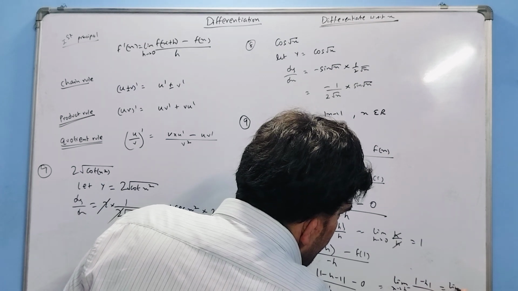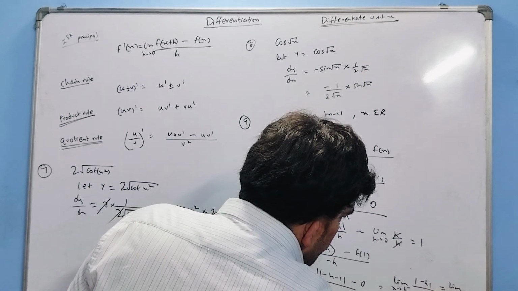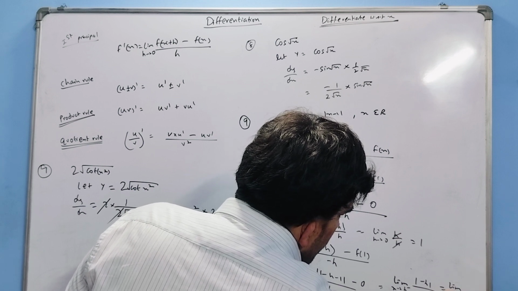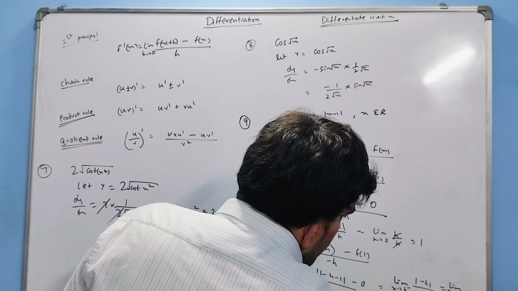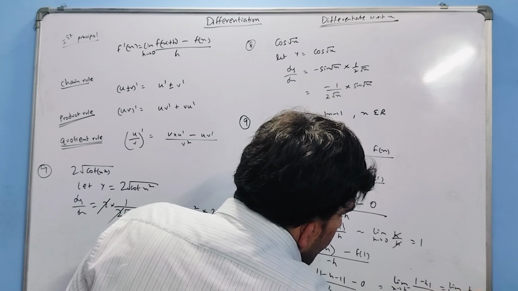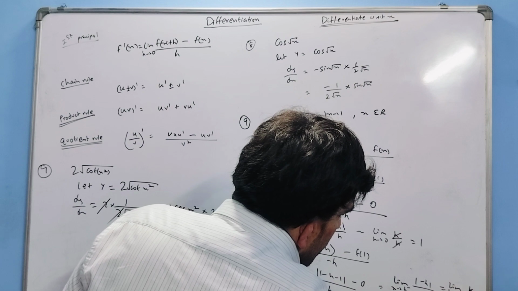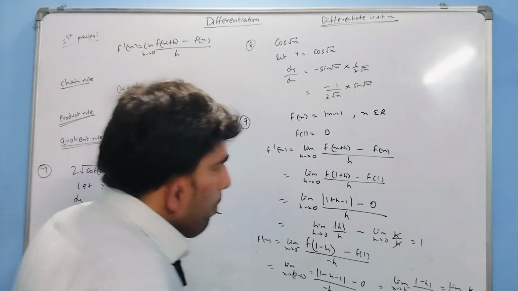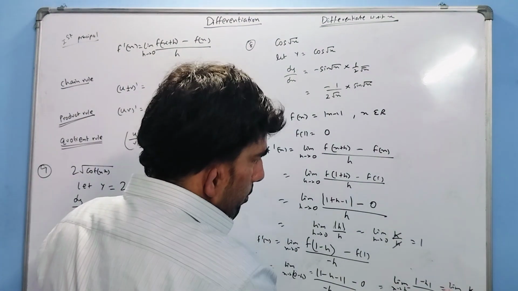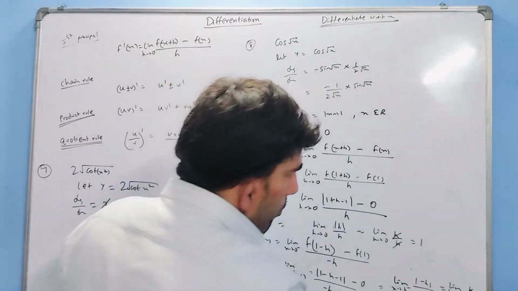We'll have limit h tends to 0 negative. So we'll have h upon minus h. It will be minus 1. So we can see here in the RHL we have 1, in the LHL we have minus 1.